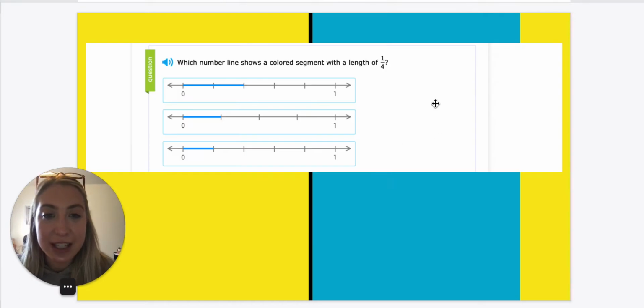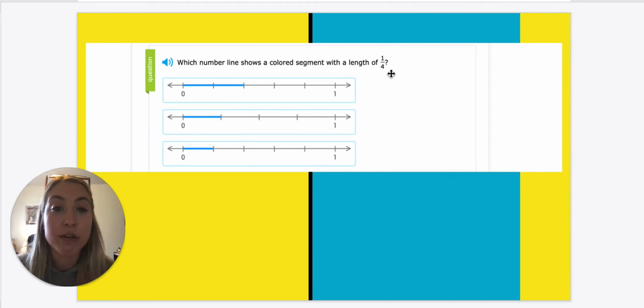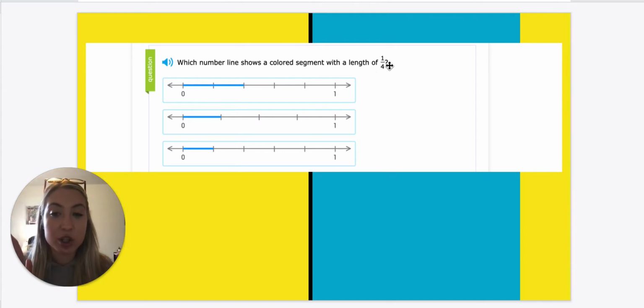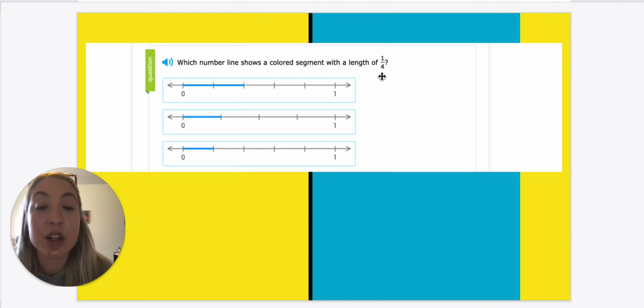In this sentence right here, they're asking us which line shows a colored segment with 1/4. So the first thing we want to do is, we know the 4 is at the bottom, so 0 to 1 should be divided into 4 equal parts. Because remember, that is our denominator. That's always how many parts there are, and those parts all need to be equal.